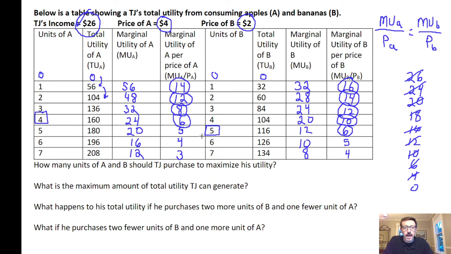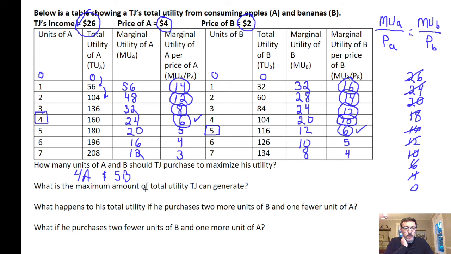And the answer is yes, because 6 marginal utils per dollar spent on apples is equal to 6 marginal utils per dollar spent on bananas. So we are, in fact, meeting this rule, and so we are maximizing our utility. So we should purchase 4 apples and 5 bananas.